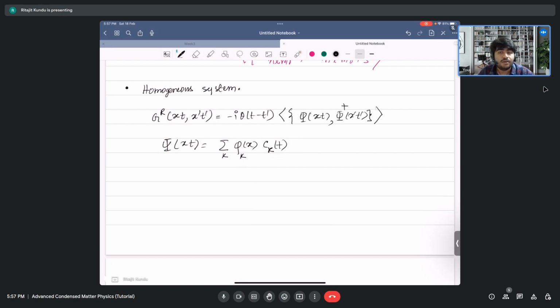If you have a homogeneous system, then momentum is a good quantum number, and phi_k(x) becomes very simple: e^{ikx} divided by square root of volume. As simple as that. So we'll just plug that in here.